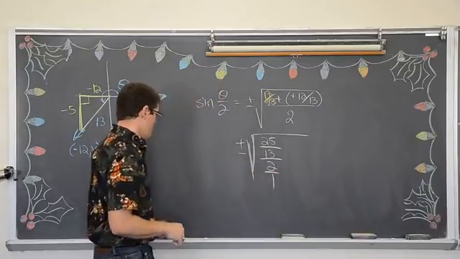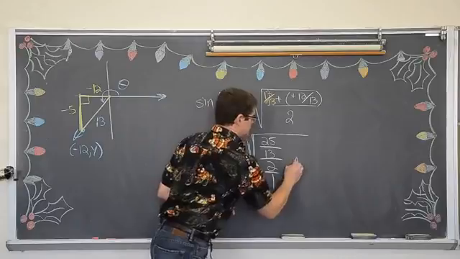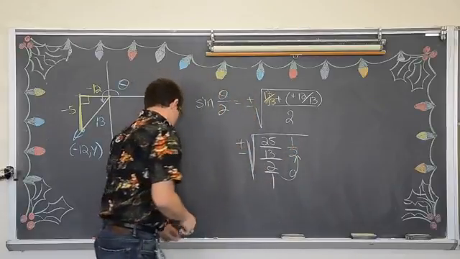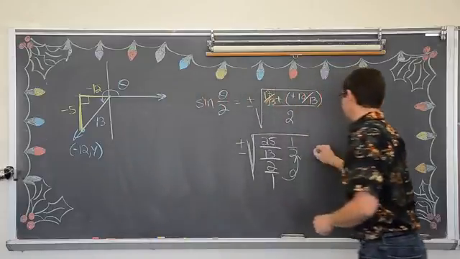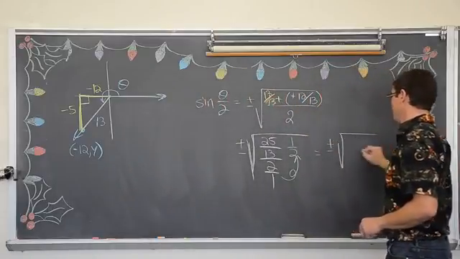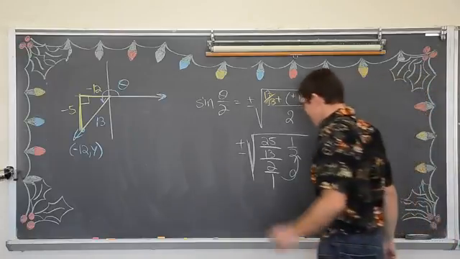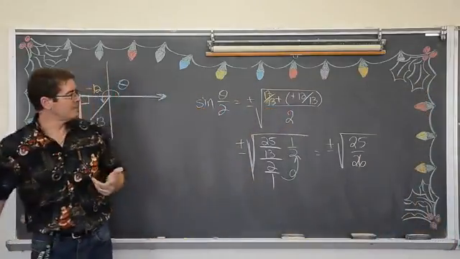So that 2 over 1 is going to get flipped up, and it's going to become 1 over 2. And we have plus or minus the square root of 25 over 26. Now, that is reducible, so I'll do that in a second.